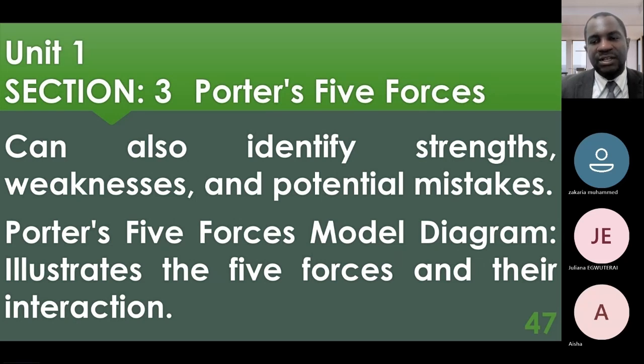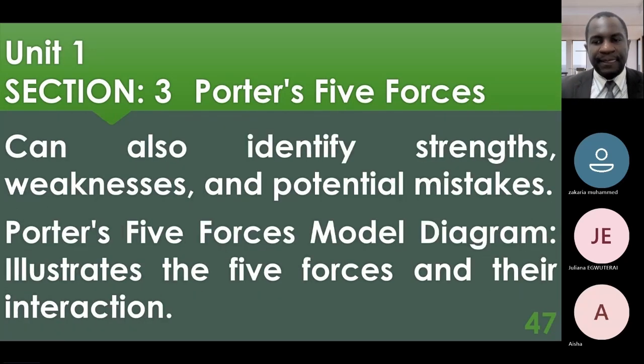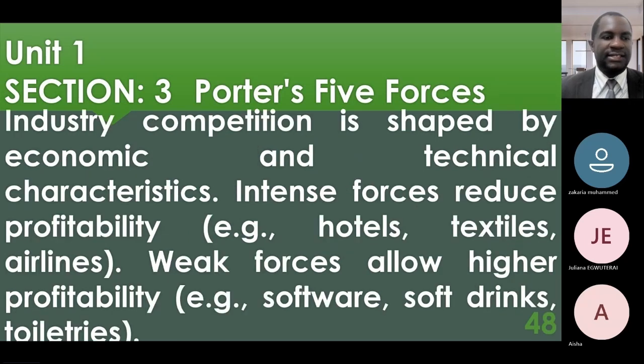So Porter's 5 forces model diagram illustrates 5 forces and their interaction. There's this diagram in the case study text that speaks to those 5 forces. The industry competition is shaped by economic and technical characteristics, and these intense forces reduce or increase profitability. For example, hospitality industries, such as hotels, textiles, and airlines.